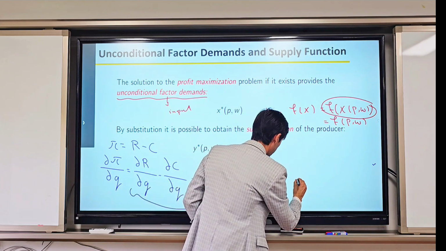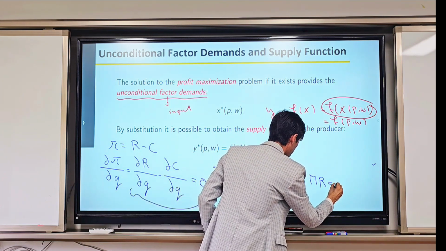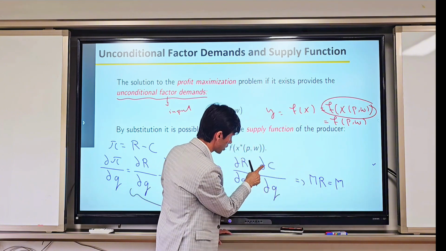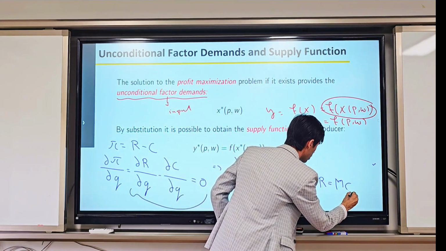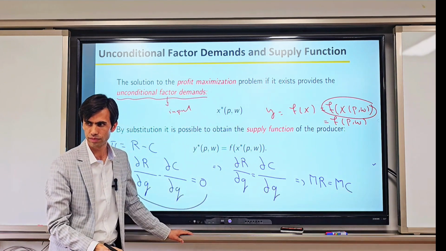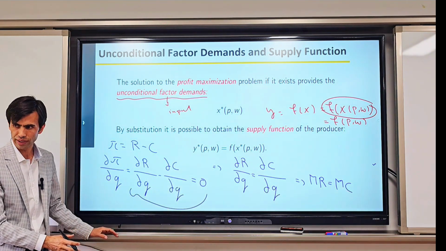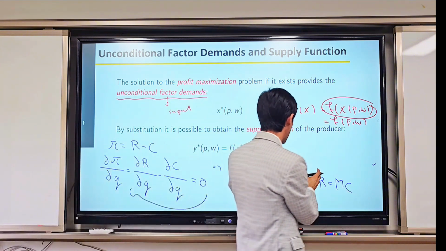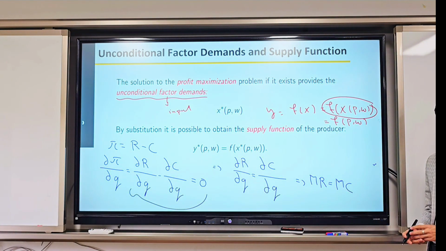So then the marginal revenue is equal to the partial derivative of cost with respect to quantity, which is our marginal cost. So in order to maximize our profit, the marginal revenue should be equal to the marginal cost.